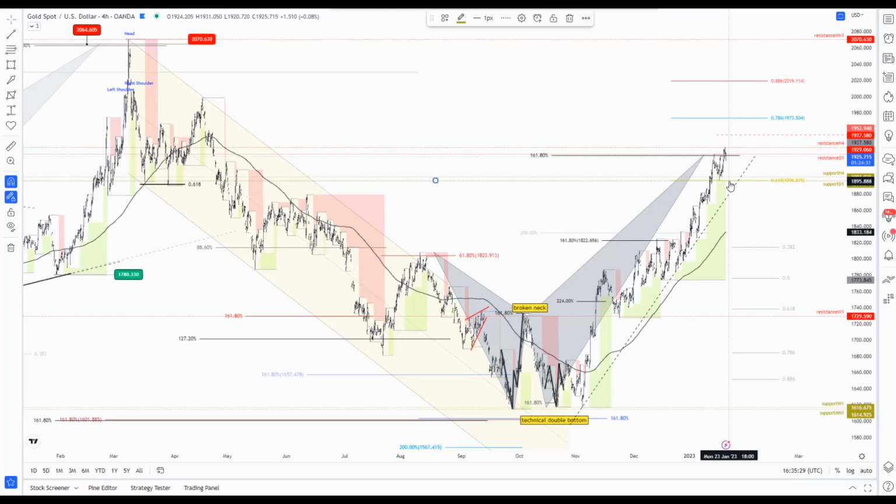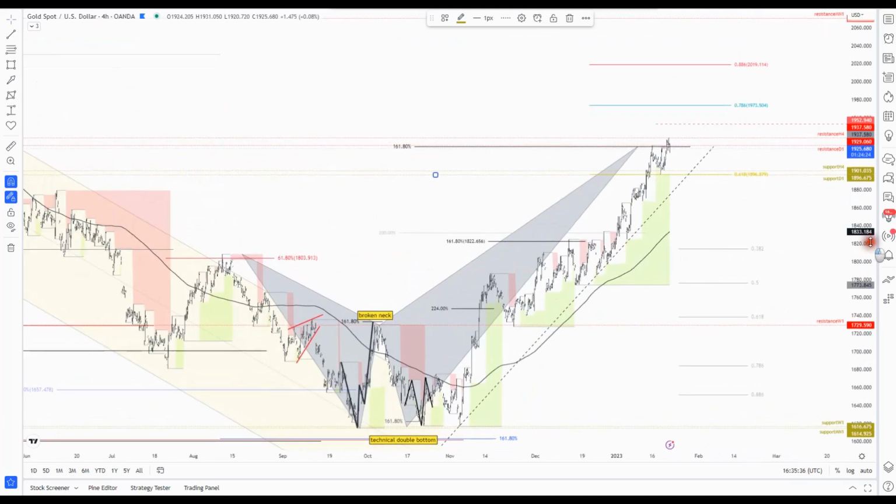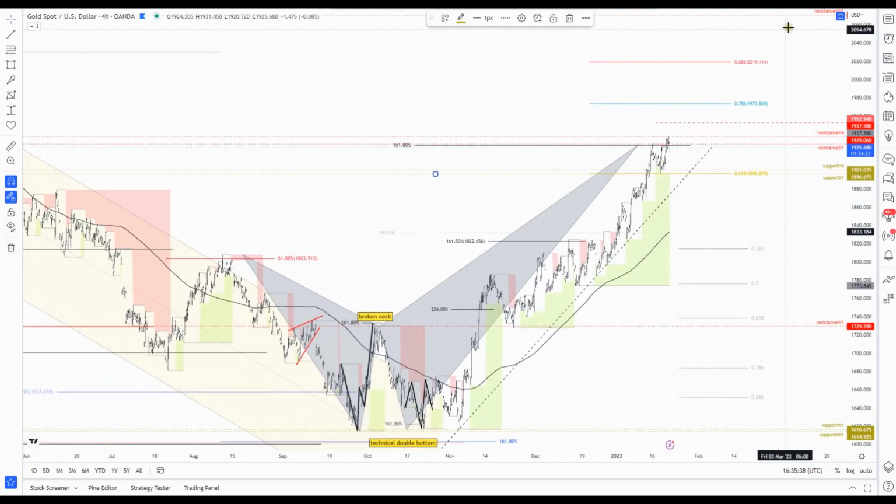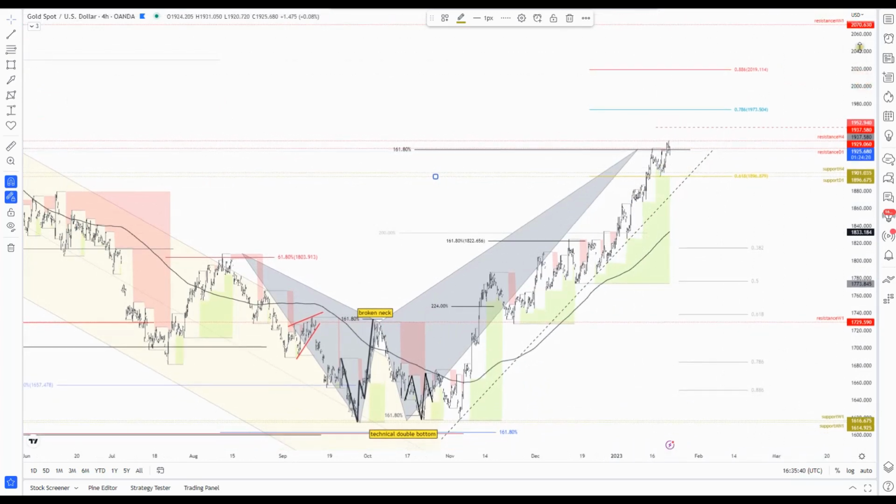Gold was capable to hold, and it was capable, in fact, to print a new higher high. And for that reason, I will not be surprised to see gold continuing to trade higher, eventually a retest of the previous fractal, which I do expect at some point.